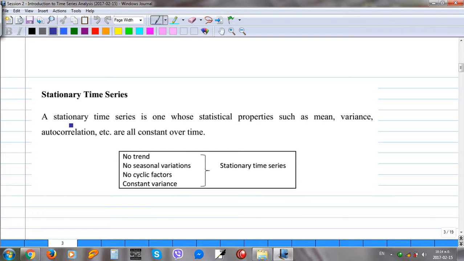So if we take a stationary time series, all these statistical properties, that means variance, autocorrelation, autocovariance, are all the same. It means no trend, no seasonal variations, no cyclic factors and constant variance. If a time series holds these properties, we can say that it is a stationary time series.